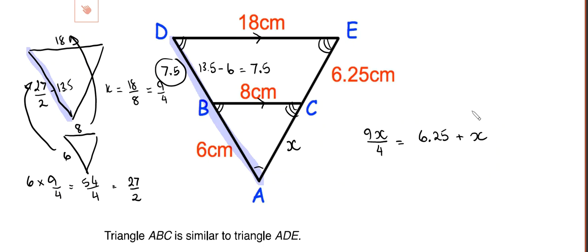What do I do first? Times by 4 gives me 9x is 4 lots of all of this. So I'm going to do the 4x. What's 4 lots of 6.25? Times both sides by 4. 25 plus 4x.